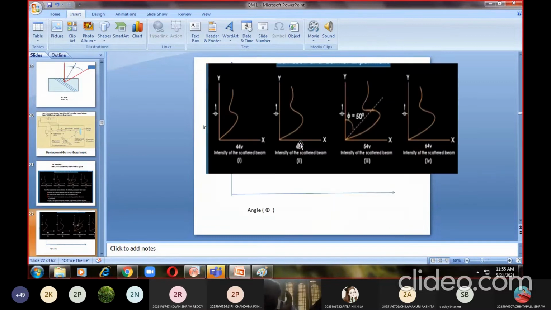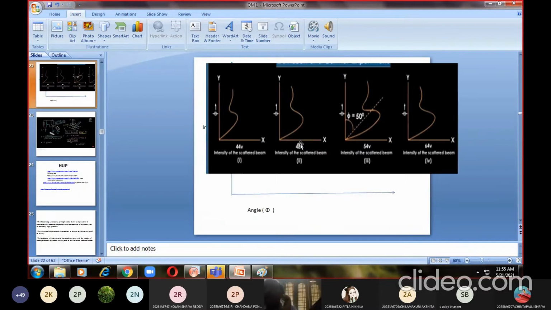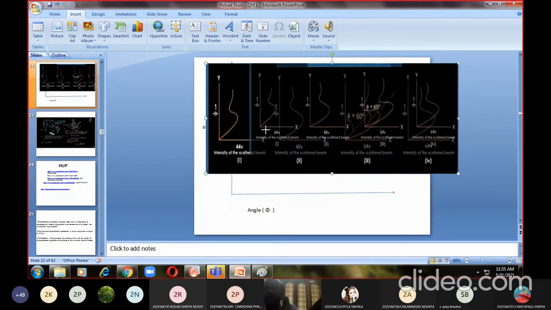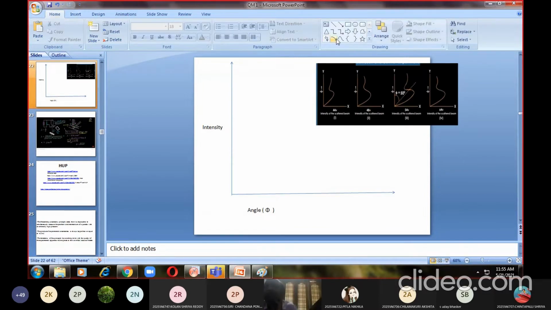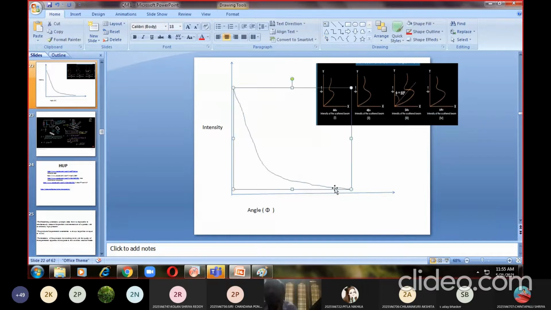Now, when I take it for small angles, usually the intensity will be very large, and as I go to higher angles, the intensity continuously falls, and this is what is expected.